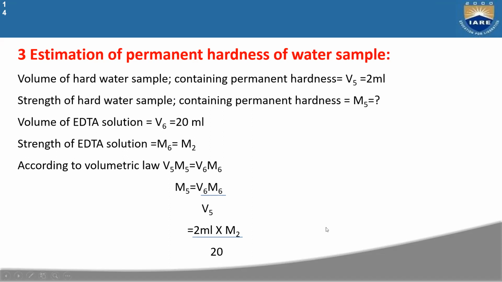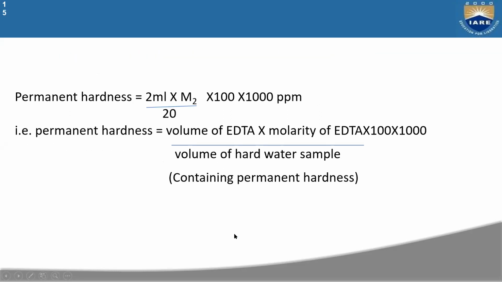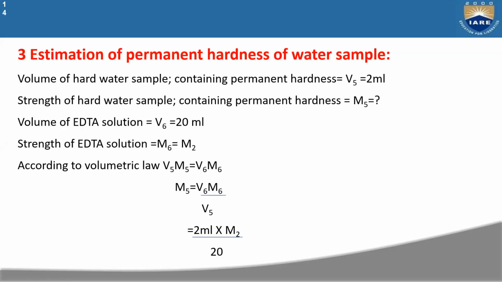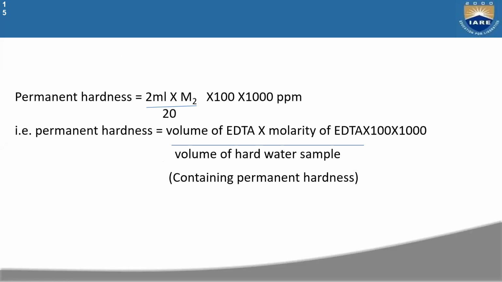According to the volumetric law, V5 M5 is equal to V6 M6. So M5 is equal to V6 M6 by V5, that is 2 ml by M2 into 20. So permanent hardness is equal to 2 ml into M2 by 20, into 100 into 1000 ppm.